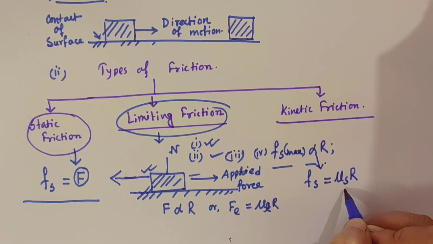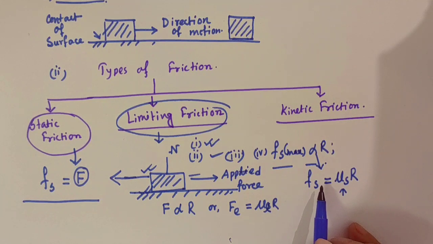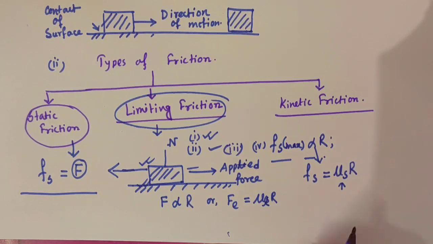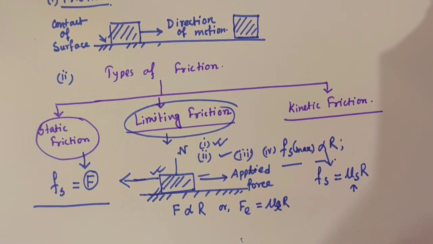What is mu s? Mu s is the proportionality constant, called the coefficient of static friction. Okay. So, Fs is equal to mu s into R. For this we can draw one diagram here.